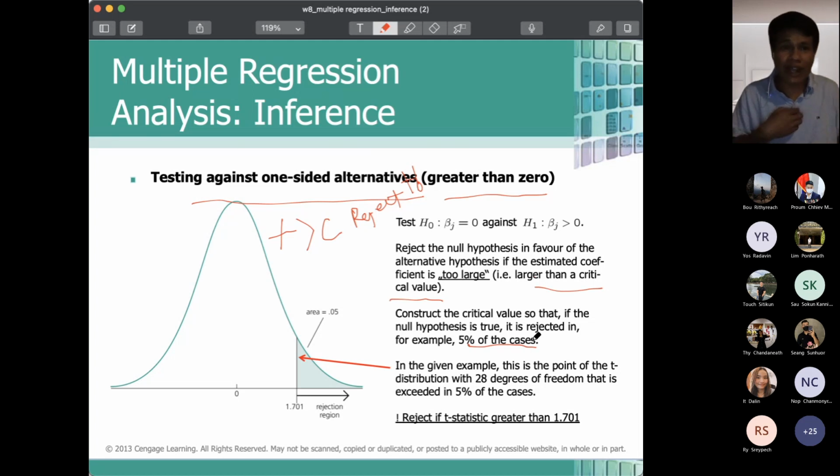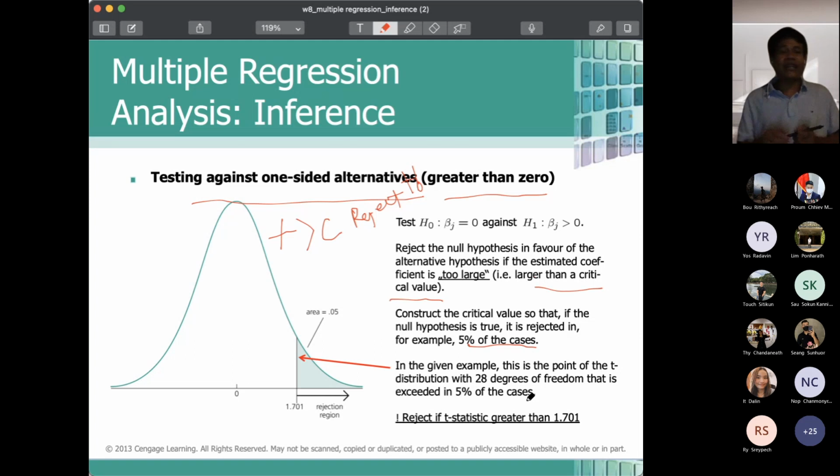So you need to ask yourself, what is the chance that you want to reject the null hypothesis? For instance, in this example, this is the point of the t distribution with 28 degrees of freedom that is exceeded in 5% of the cases.